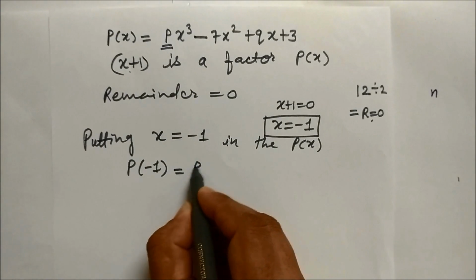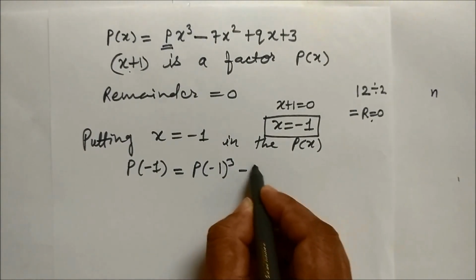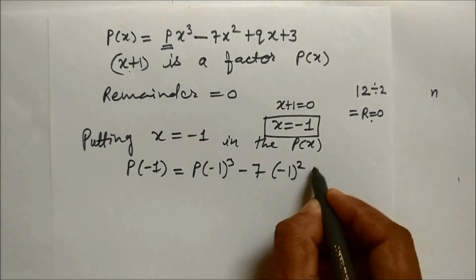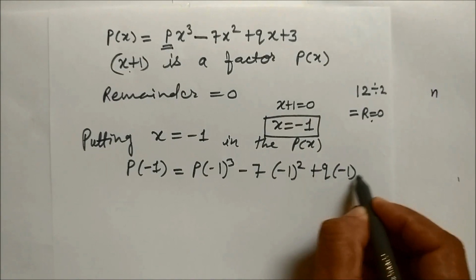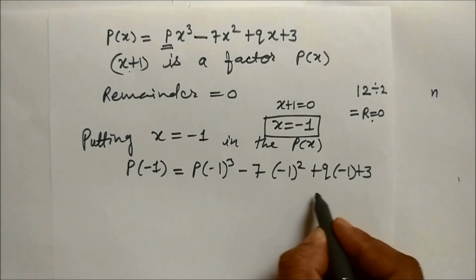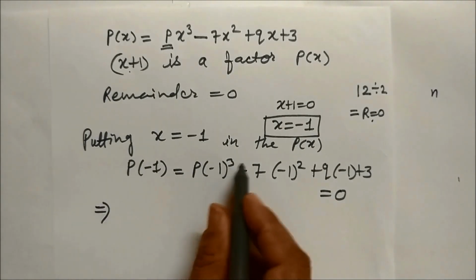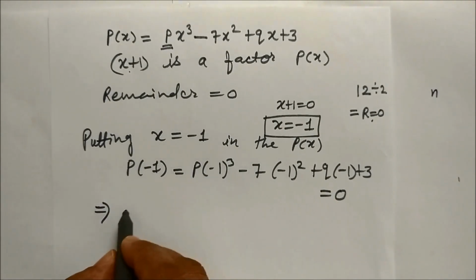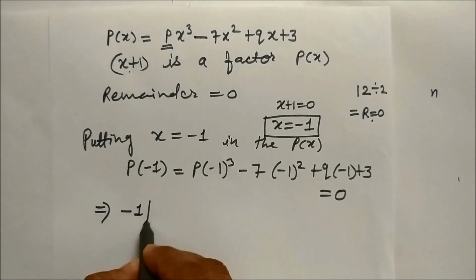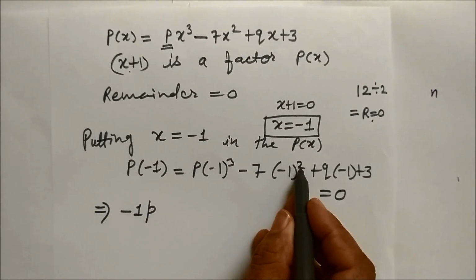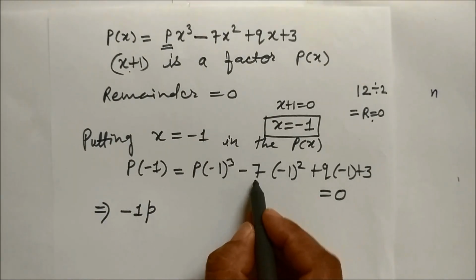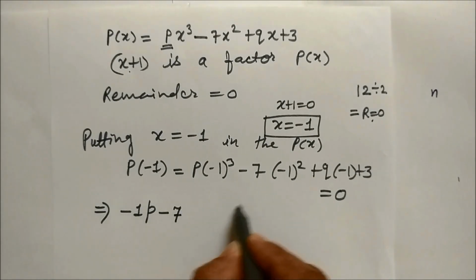p of minus 1 is equal to p in bracket minus 1 cube, minus 7, minus 1 square, plus q, minus 1, plus 3, and remainder is here 0, so we will write here 0. Minus 1 cube is here minus 1, multiplying in p, minus 1 p. Minus 1 square is plus 1 is multiplying in 7, minus 7.